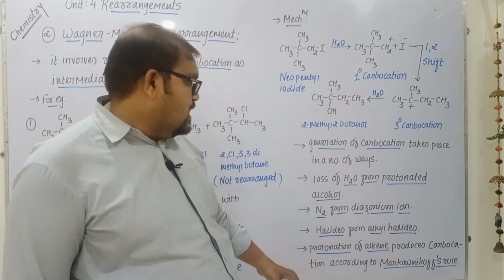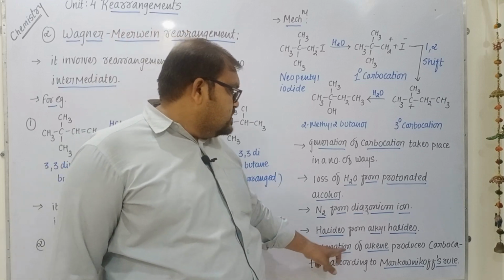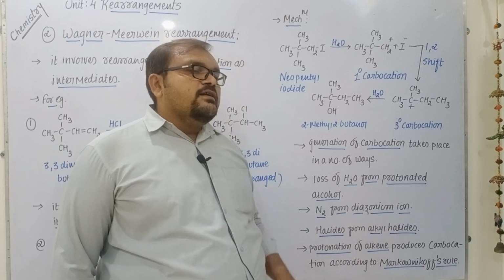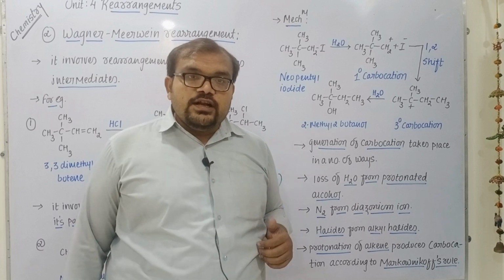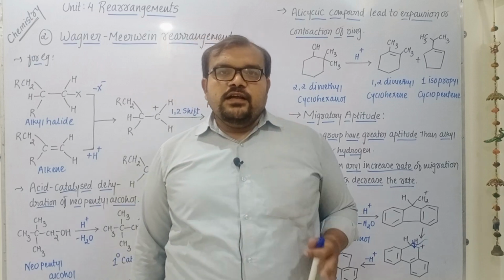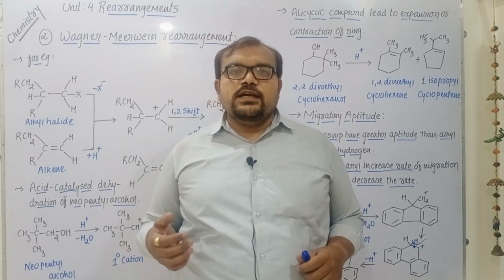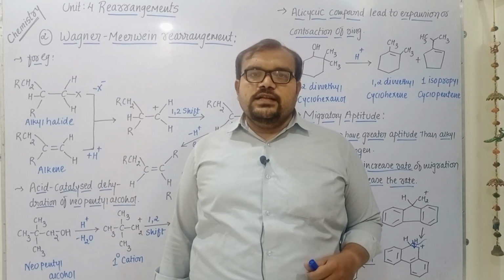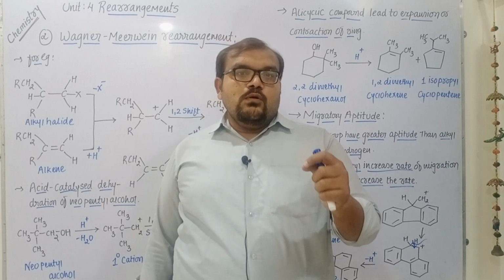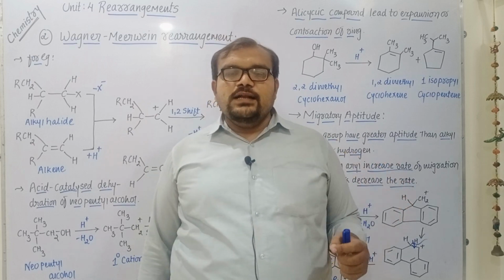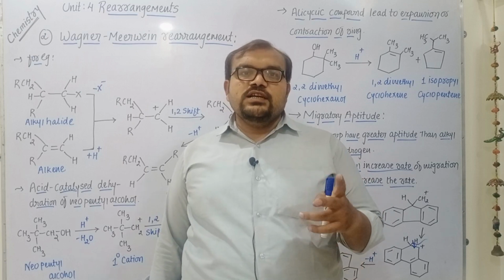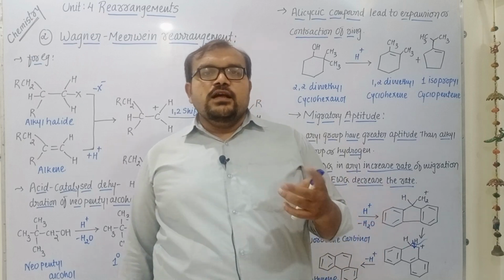And last but not least, protonation of an alkene again produces a carbocation intermediate, and it follows the Markovnikov rule. So friends, as we discussed various ways for the formation of carbocation in the Wagner-Meerwein rearrangement, there are mainly 2 ways: loss of halogen from alkyl halide and protonation of alkene. These are the 2 ways by which we can generate a carbocation.